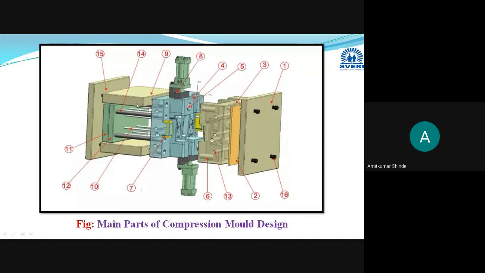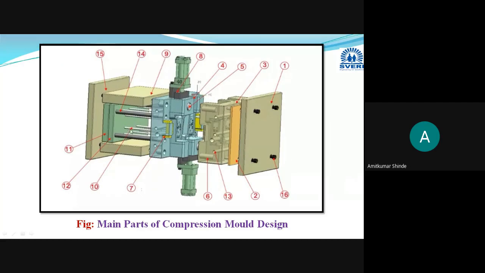These top plates are the spacer blocks. Now, why are these spacer blocks provided? They are provided to increase the space for this ejection system.